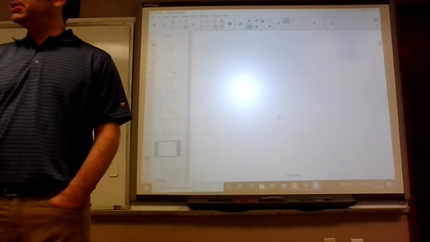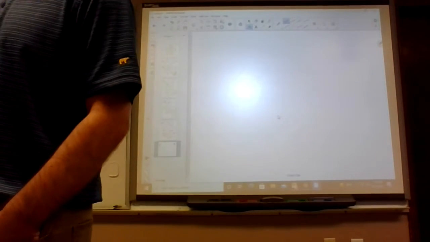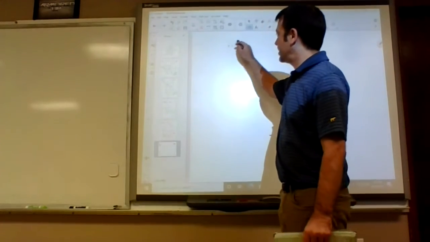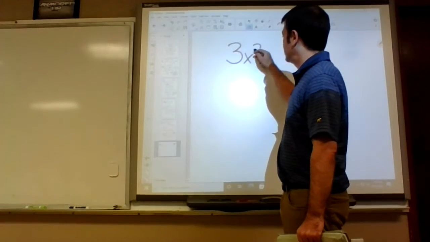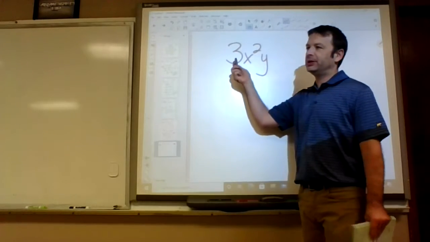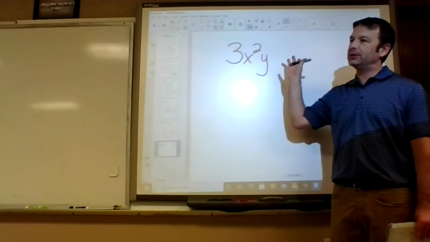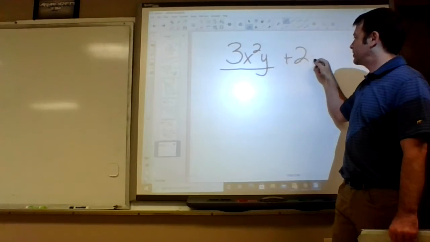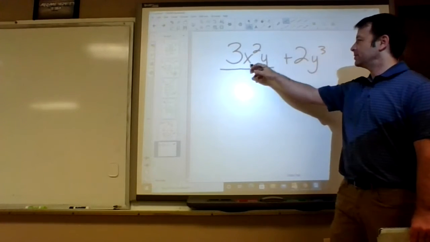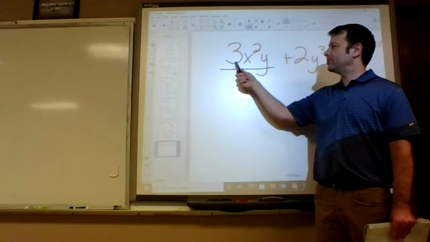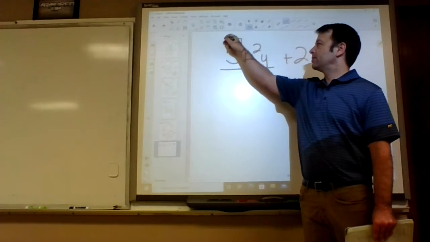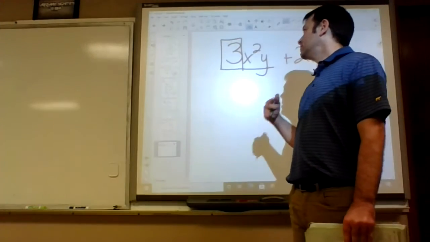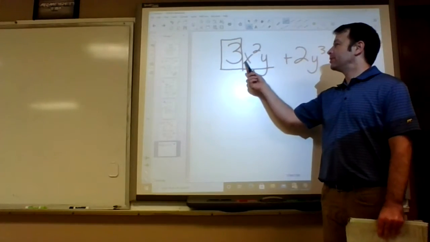Number 3, what's the difference between a constant and a numerical coefficient? So way at the beginning of this chapter, we talked about a term, which is basically when you multiply numbers and letters together. This is one term, and this would be another term, so this is 2 terms. The numbers on the front are called the coefficients. It's the number you multiply the term by, basically.